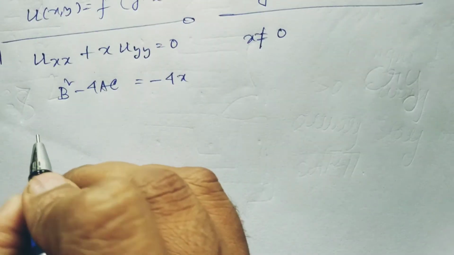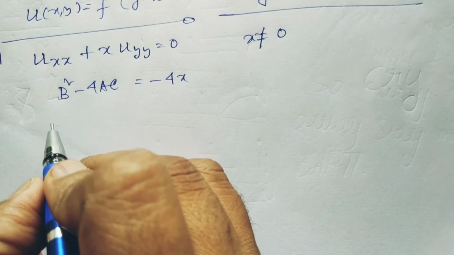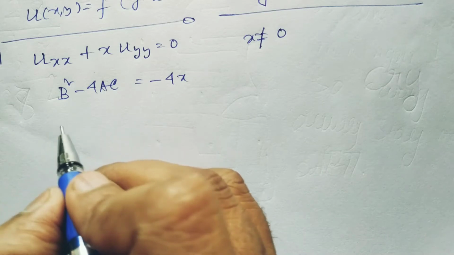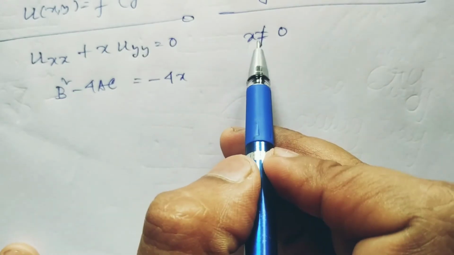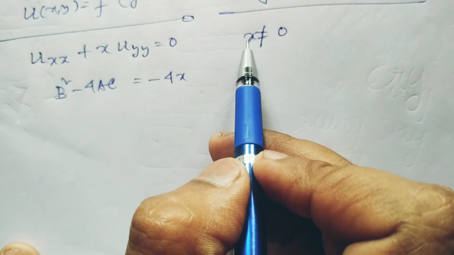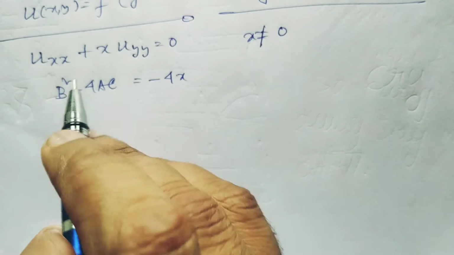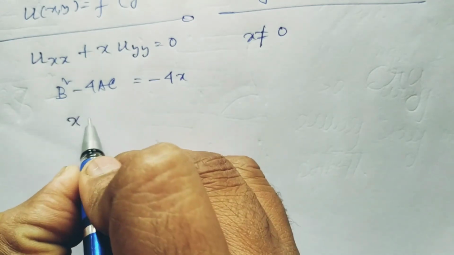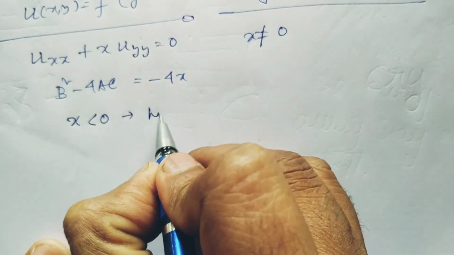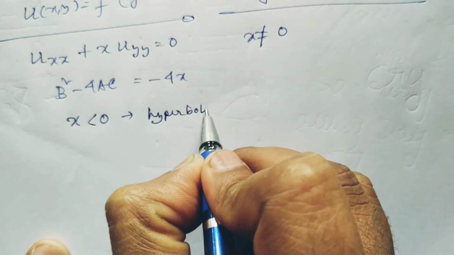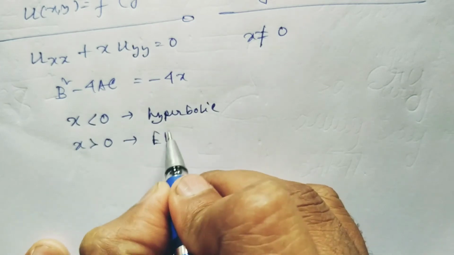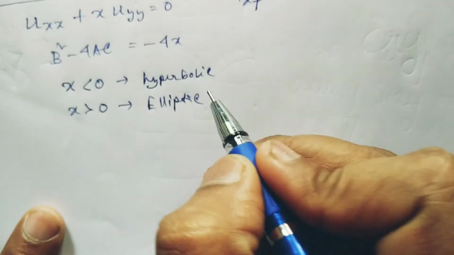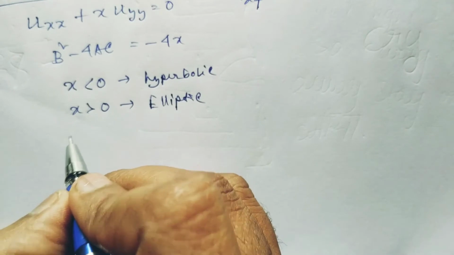So this is of mixed type actually, because this is depending on x. Now as we have said already, x is not equal to 0, so this is not of parabolic type. But whenever x is less than 0, we have hyperbolic, and when x is greater than 0, we have elliptic. So we will solve this problem in two distinct planes.